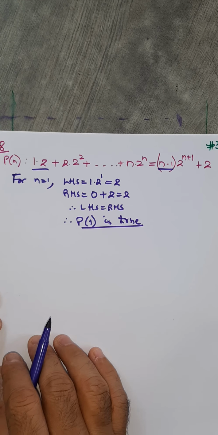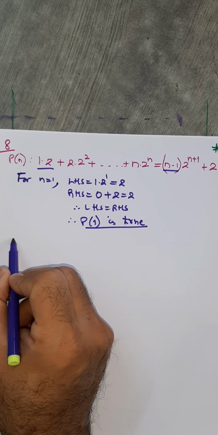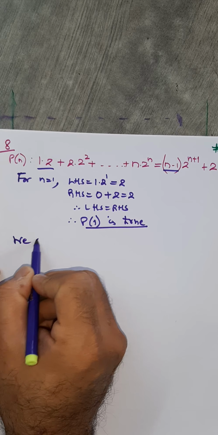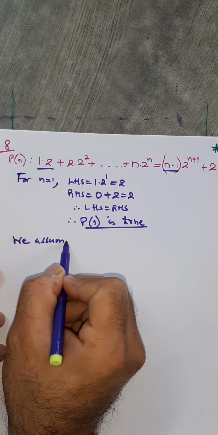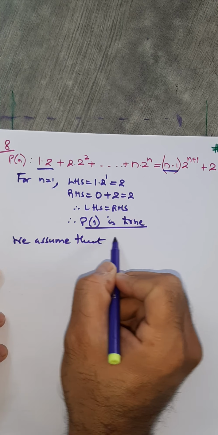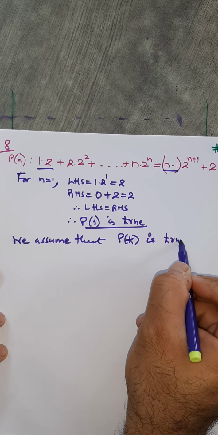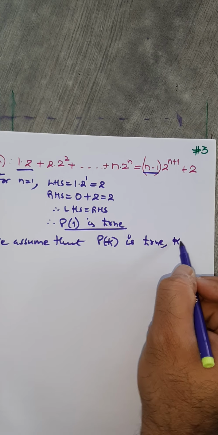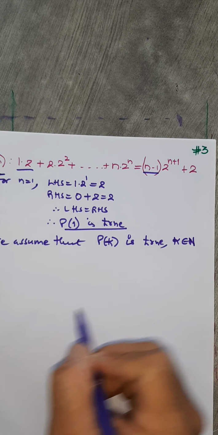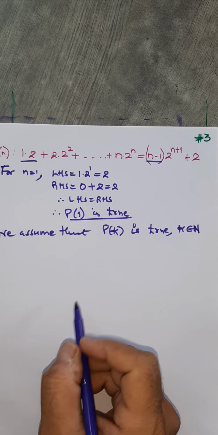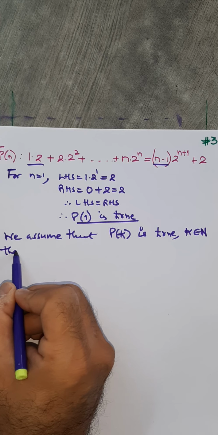Okay. Now next step, that's our assumption part. We assume that the P of k is true, where k is any natural number, you know. So what's the meaning of this?